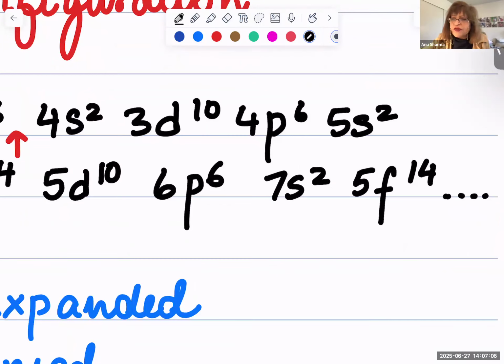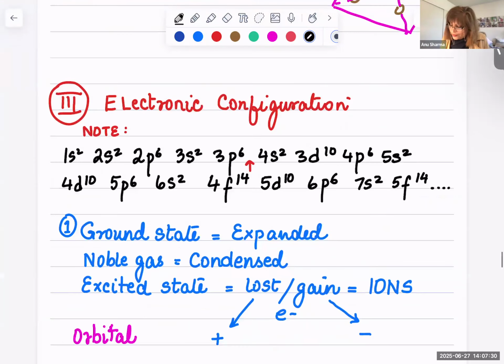All right, so we covered that in detail, but next is Jessica. The answer in the back of the book completely skips 3d10. It goes from 4s2 to 4p6 as the answer. I just wanted to make sure I did it correctly. Okay, if they skip 3d10, that is a mistake. Thank you for pointing it out. I'm going to make a note of it.